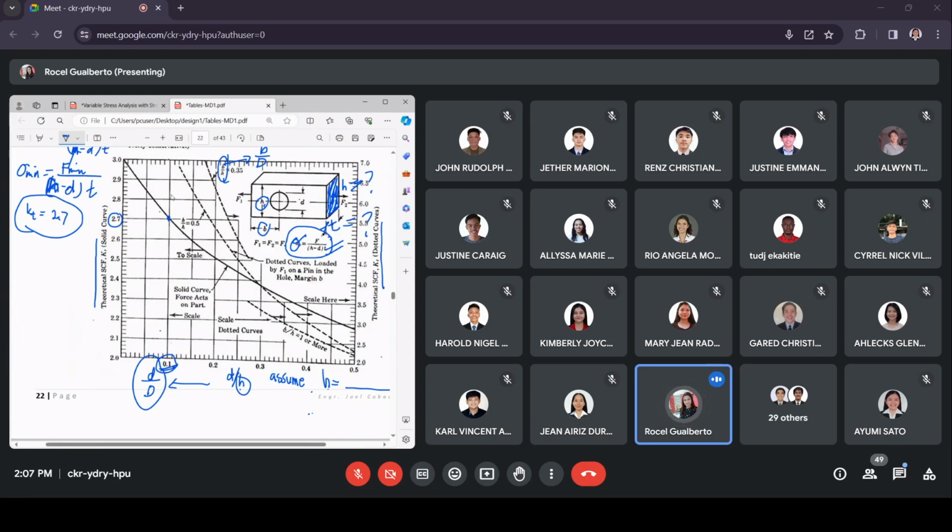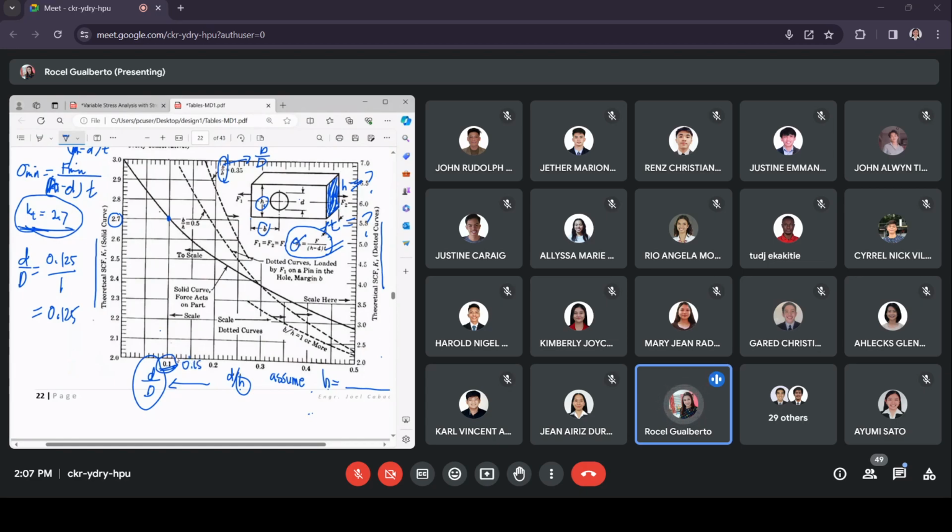And then, tangent to the solid curve, I have exactly KT equal to 2.7. For example, if you assume a value equal to 1, that would be d over D equal to 0.125 over 1, your assumption. So, this would yield 0.125 as the ratio. Where is 0.125? This is 0.15.